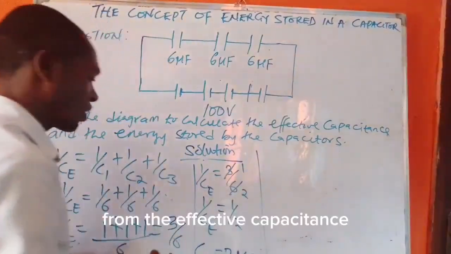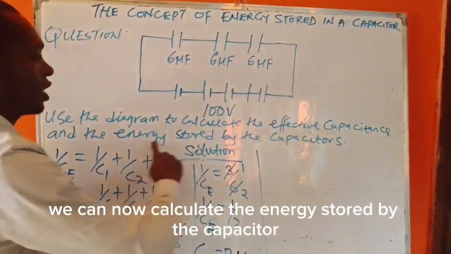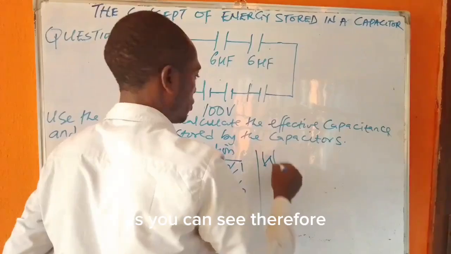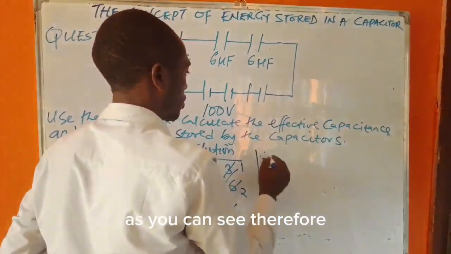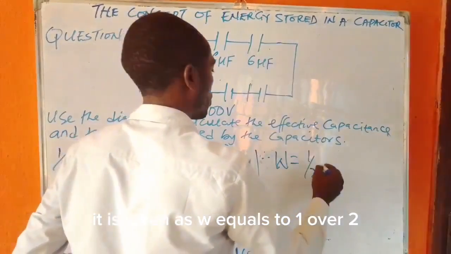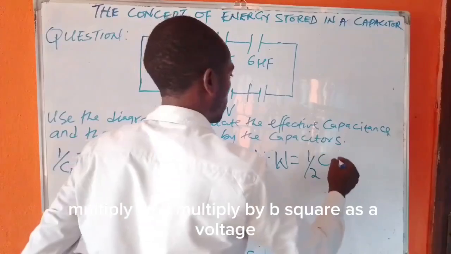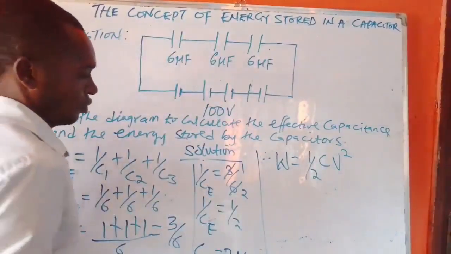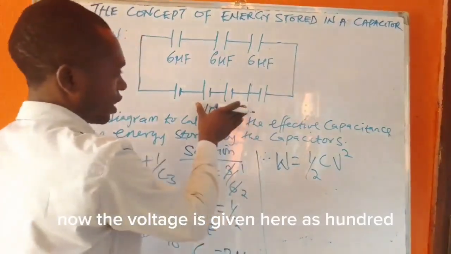From the effective capacitance, we can now calculate the energy stored by the capacitors, because the formula is given as W equals 1 over 2 multiplied by C multiplied by V squared. That's the voltage. Now the voltage is given here as 100.